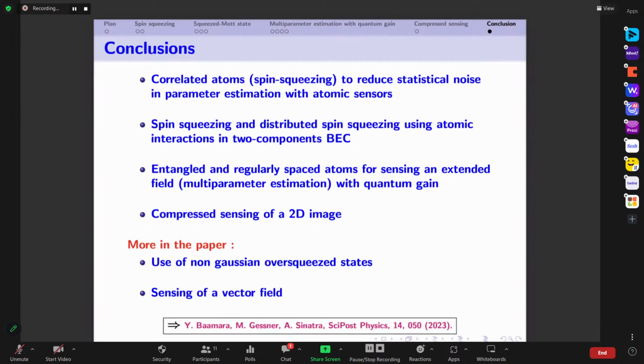And this is a little bit different kind of entanglement, because it's distributed into spatially separated modes that are accessible individually. And I was showing you that this system can allow for multi-parameter estimation, for example, for sensing an extended field with quantum gain. And I was showing you some picture for an image, 2D image.